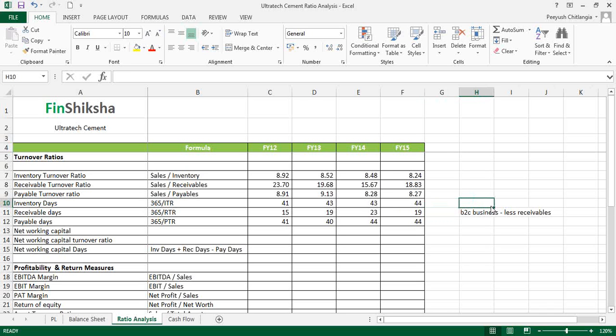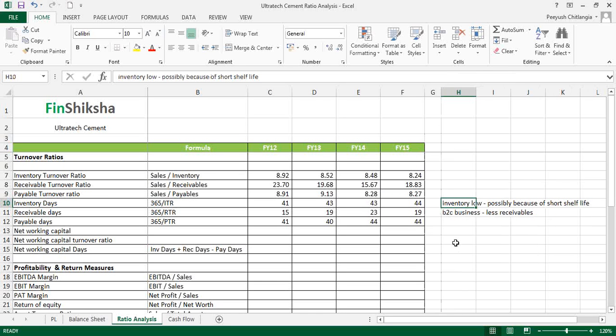This thing, inventory is low. Now that seems odd because manufacturing businesses typically run inventory, possibly because of short shelf life of cement. Remember, cement can't be stored for too long. So essentially, if the shelf life of cement is small, you would have inventory of about 1.5 months.